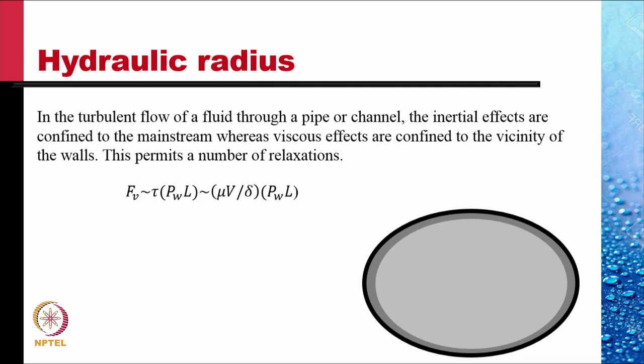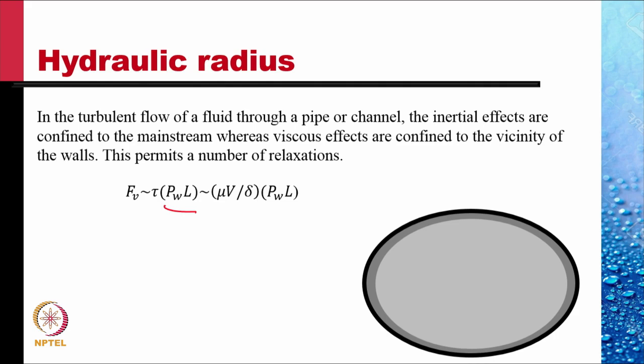The viscous force on the wall is tau, the viscous stress, times the area of the wall, which is written as the wetted perimeter times the length perpendicular to the plane of the screen.